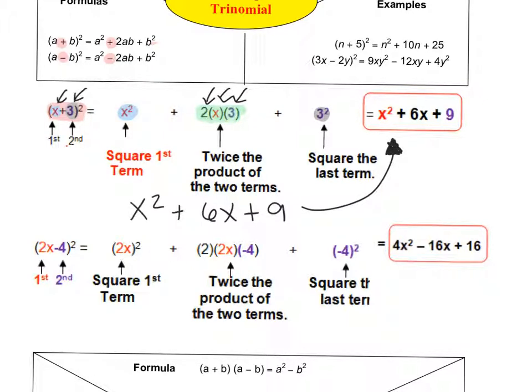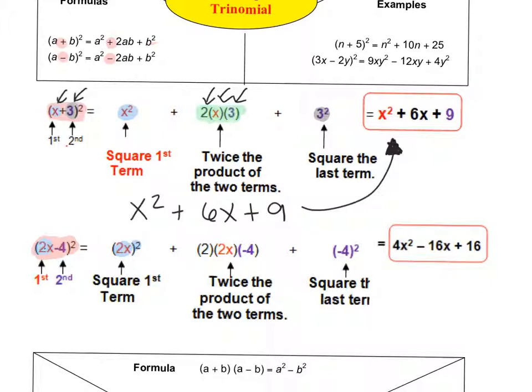If you have the subtraction sign, it's a little bit different in the one below. In the one below, we've got 2x minus 4 all squared. Because it's a binomial squared, I know it's a perfect square trinomial. The first one, a, would be (2x) squared.